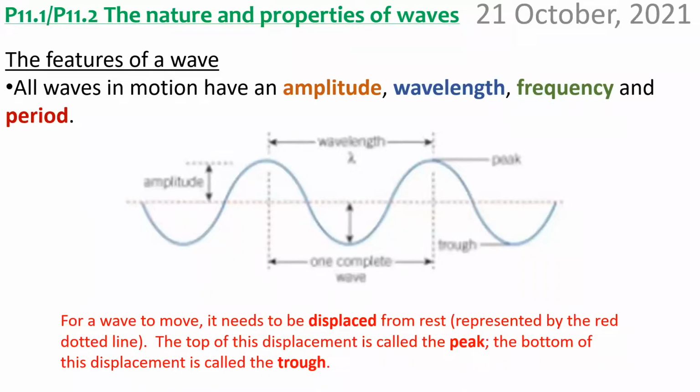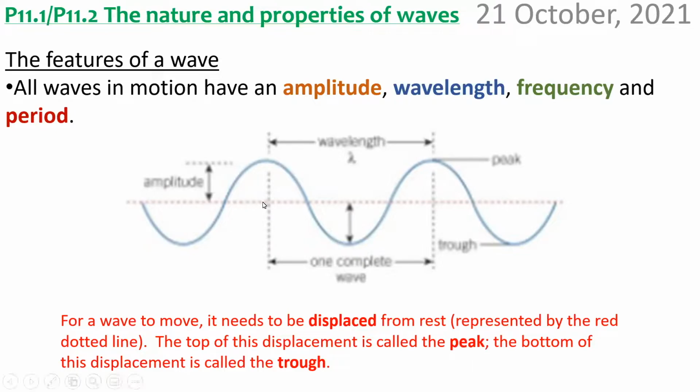Looking at the features of a wave. A wave has an amplitude, a frequency, a wavelength, and a period. Let's have a look at these in more detail. The amplitude. This is called a transverse wave. Light's a transverse wave. There will be other videos on longitudinal waves like sound, but this is a transverse wave.